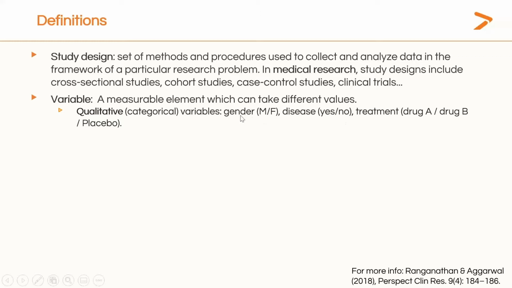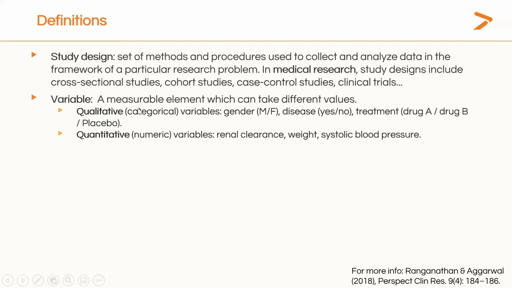These include the gender, for instance, presence or absence of a disease in a patient, the treatment administered to a patient, drug A, drug B, or placebo. Variables also include quantitative or numeric variables, such as renal clearance, weight, systolic blood pressure. These variables you can express in quantitative scales, numeric scales.